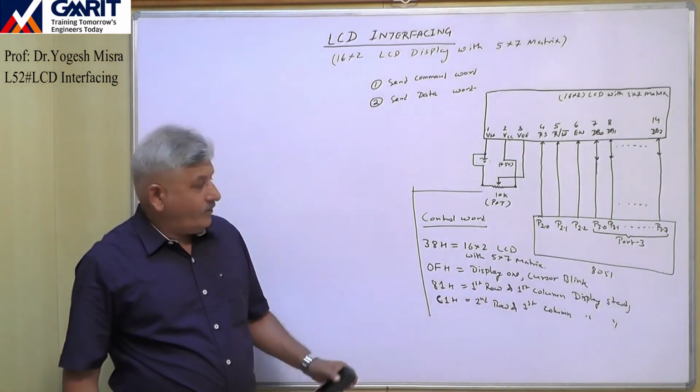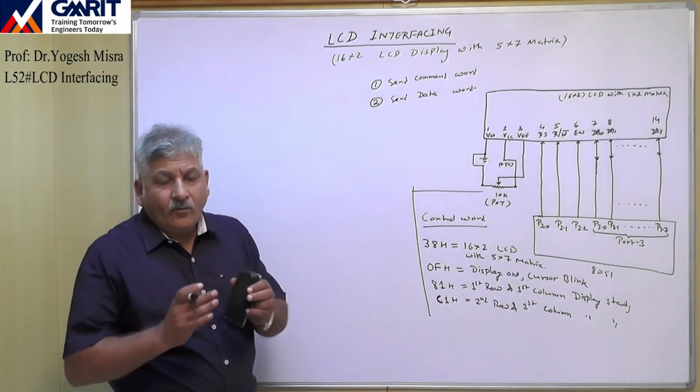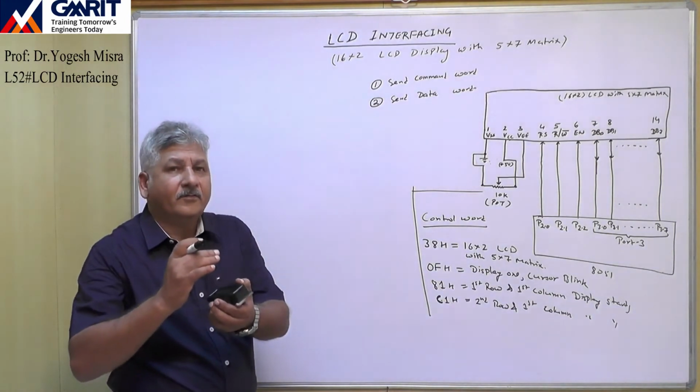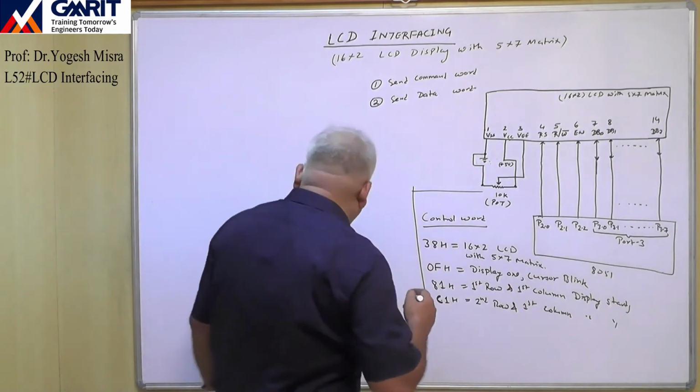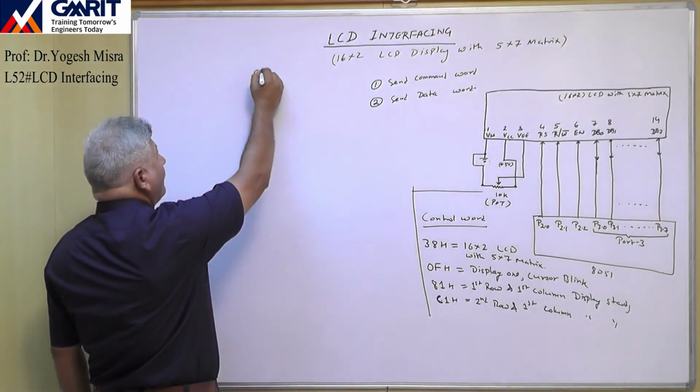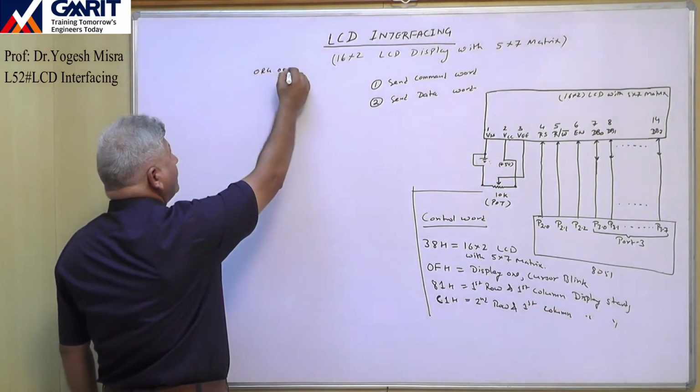So this program will be written in different sections, different modules. So what are these modules? I will write our program from org 0000H.